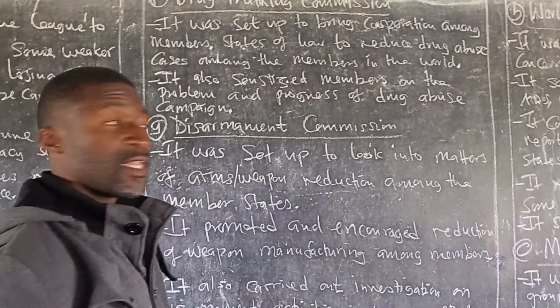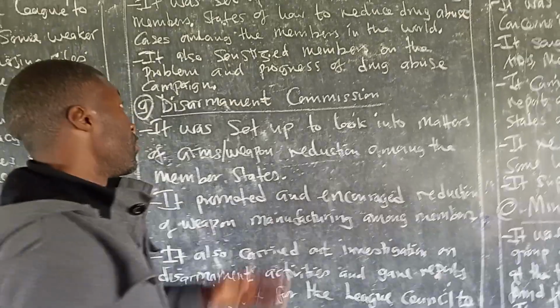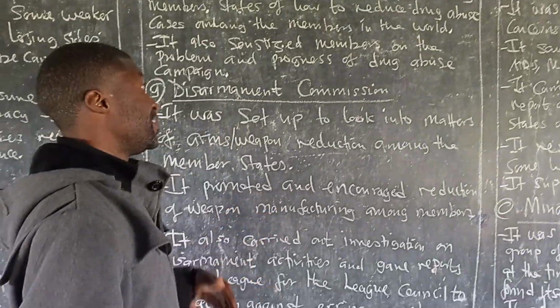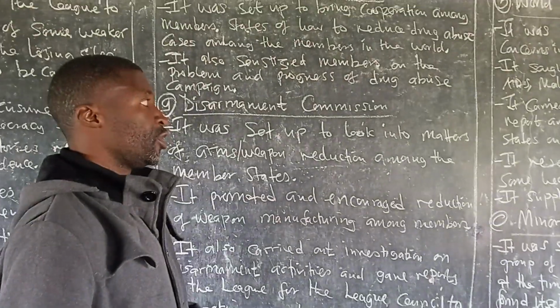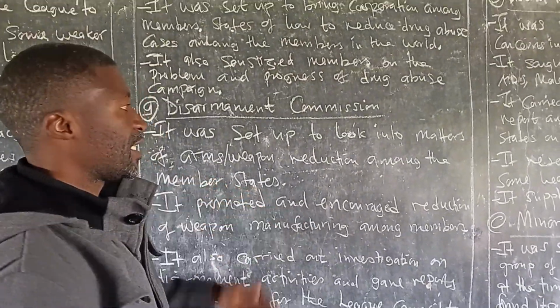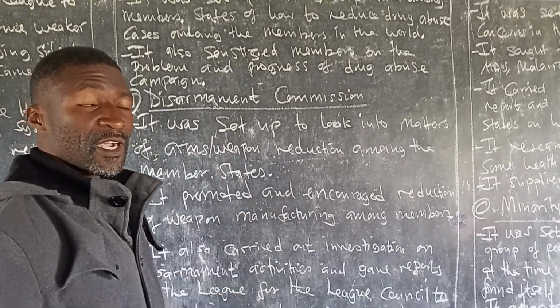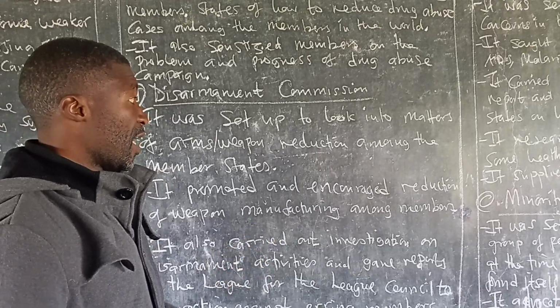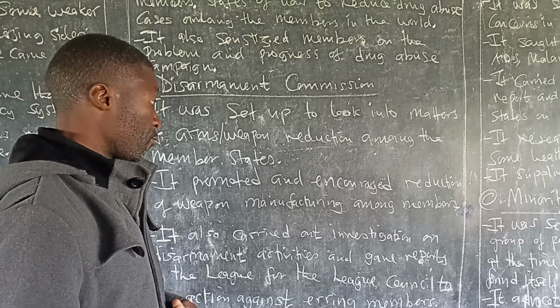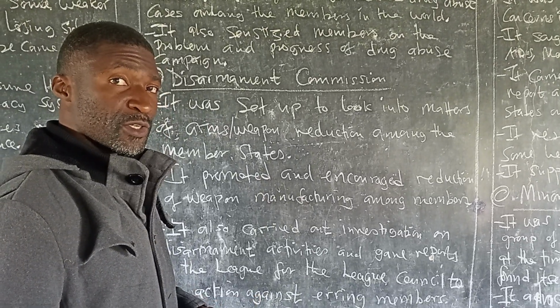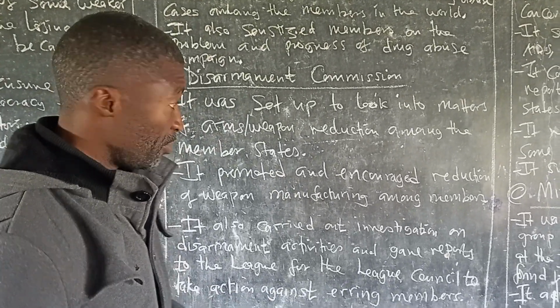Moving further, we have the Disarmament Commission. From the name itself, disarmament, this commission was set up to ensure that member states reduce the manufacturing of weapons and arms. You remember that one of the causes of World War I was the arms race between Germany and Britain.